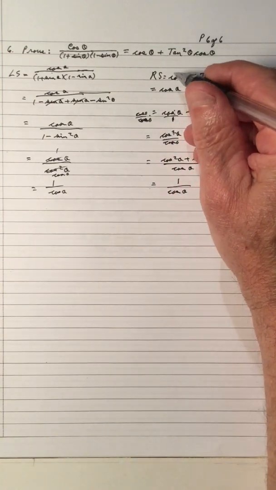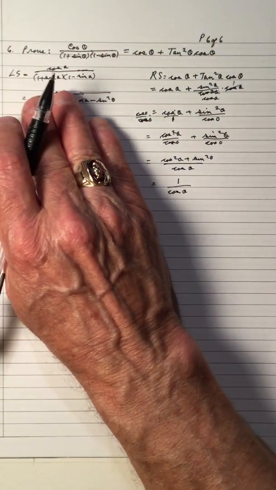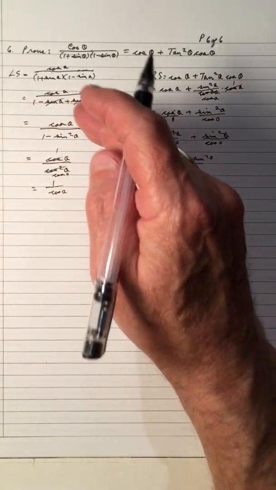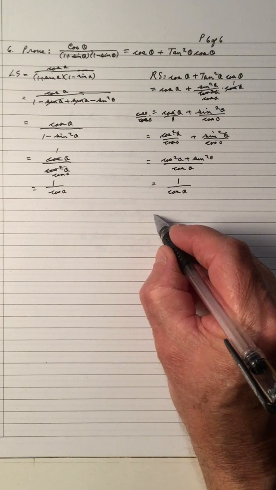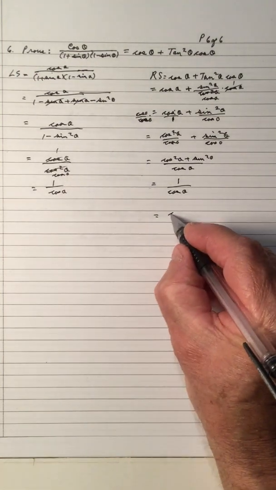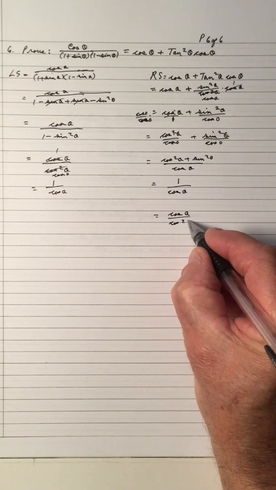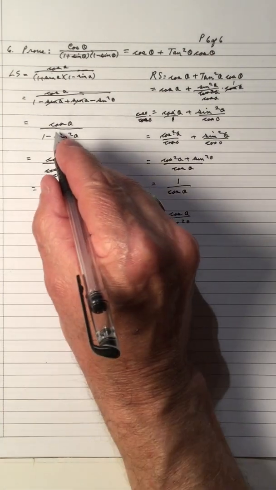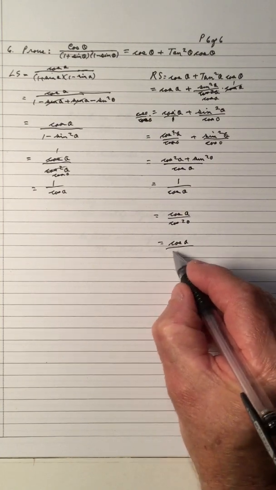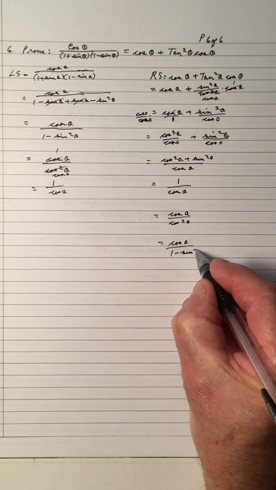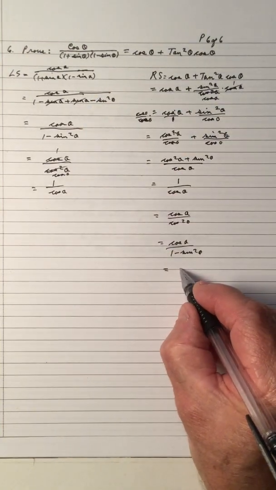So if this is the one you started, which we did, remember now, this is on a sheet of paper. So what you do now, you reverse. So you take this step and you put it right here. Take this step, which is cos theta over cos squared theta. Then you take this step and you put it here. Then you take this step and you put it here.